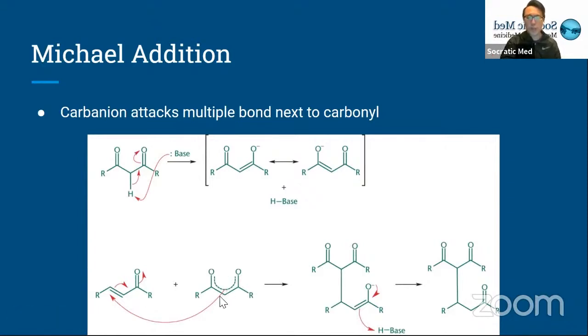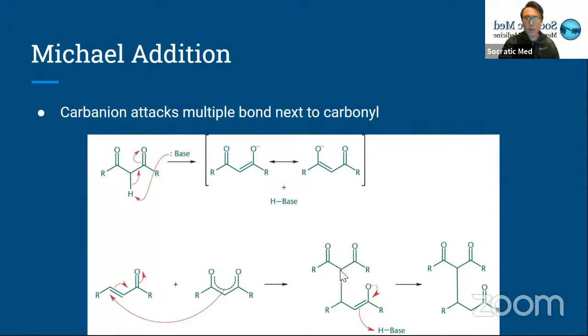But you can use that negative charge to attack this double bond on the molecule on the left, and that resonates the electrons on the double bond onto that carbonyl oxygen.